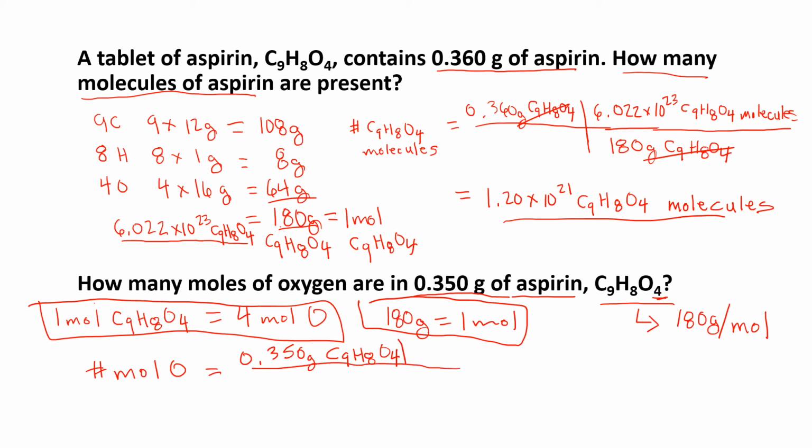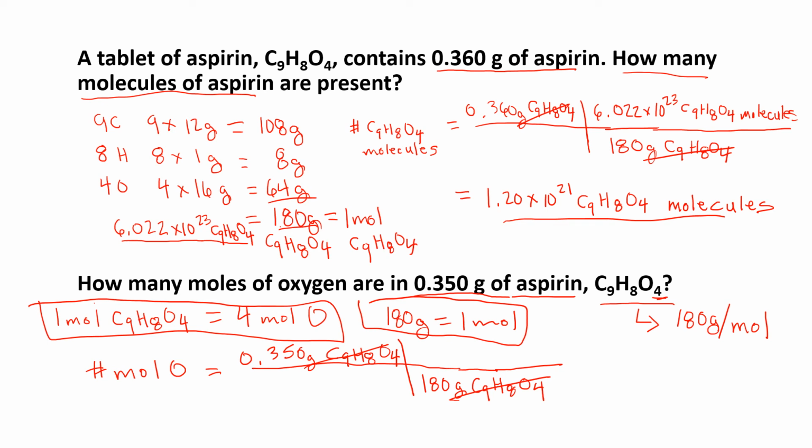Just good bookkeeping there. All right, so how do I get rid of grams here? Well, if I put 180 grams of C9H8O4 in the bottom, that will allow the grams to cancel with the grams up top.